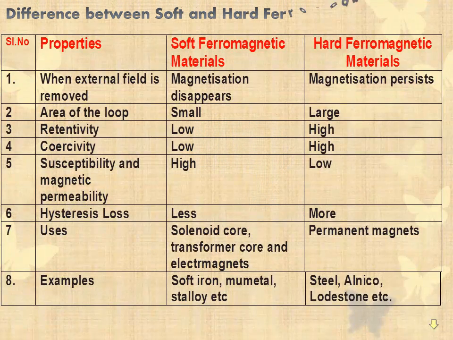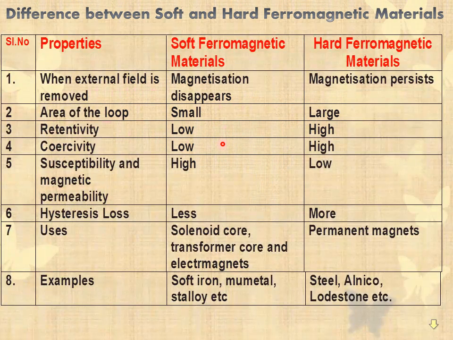Now let's see the difference between soft and hard ferromagnetic material. First of all, the properties. First point, when the external field is removed, in soft ferromagnetic material the magnetization disappears, while in hard ferromagnetic material the magnetization persists. Second point, area of the loop. It is small in soft ferro and in hard ferro it is large.